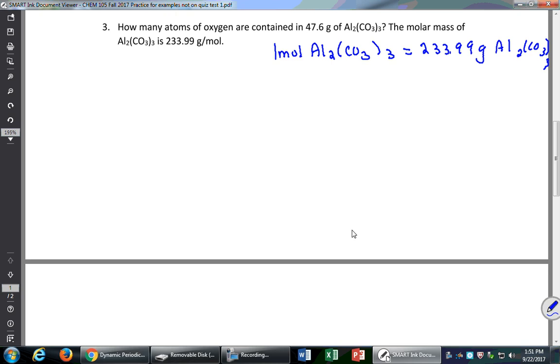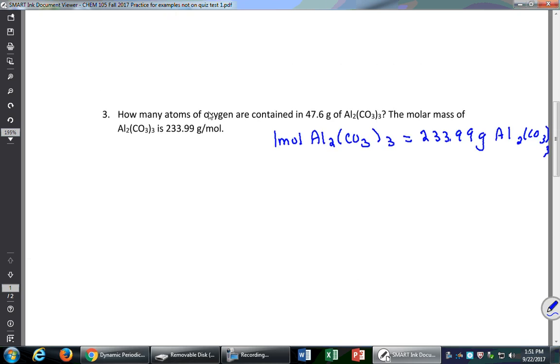I'm going a little ahead of myself with this explanation, so I didn't quite cover what I was about to say, but we have our molar mass. We can figure out our percent of aluminum, or of oxygen in Al2(CO3)3. I was going a little ahead, something that's a little bit simpler than what I'm about to do, but this works as well.